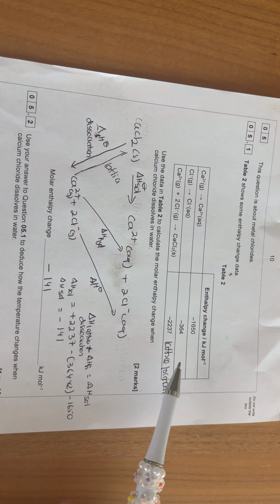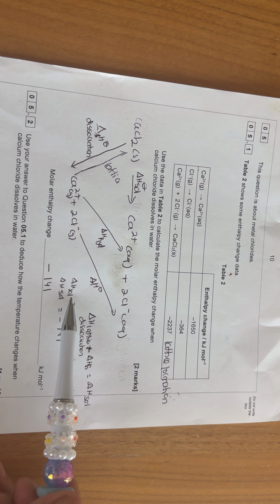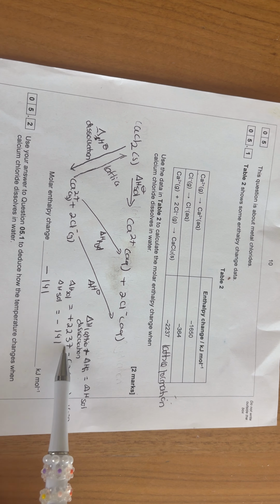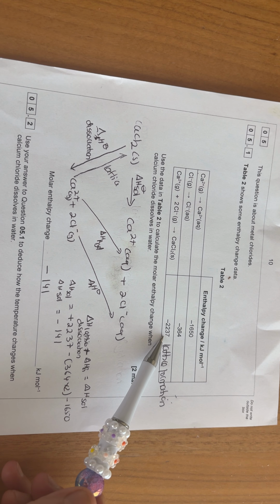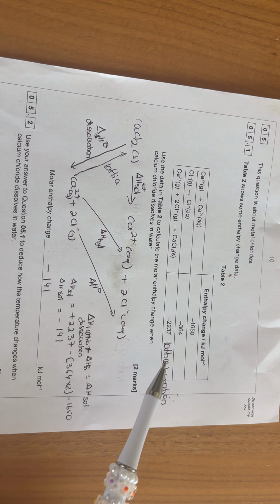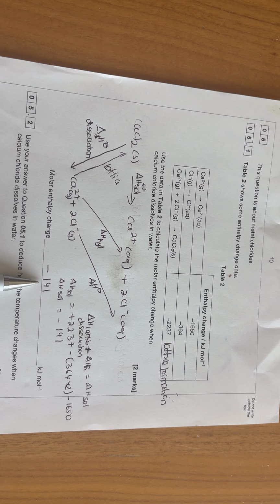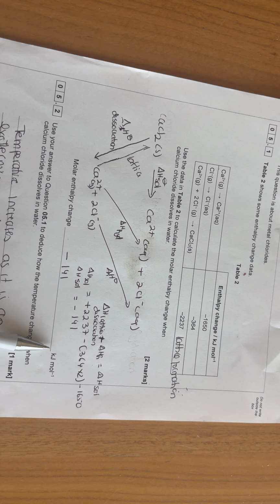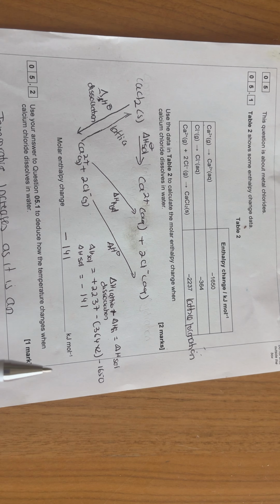If you take all the information here, the value given is the lattice formation, so you need to change the sign to plus 2237. So the answer will be minus 141 kilojoules per mole, kJ mol⁻¹.